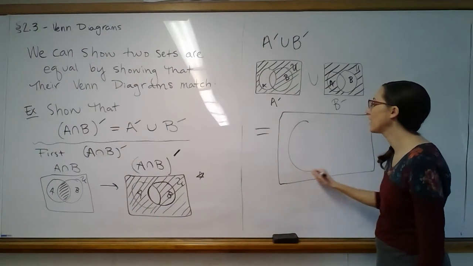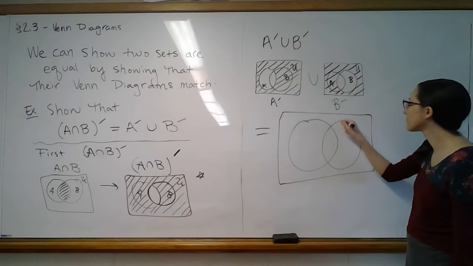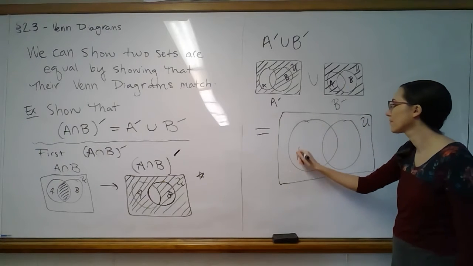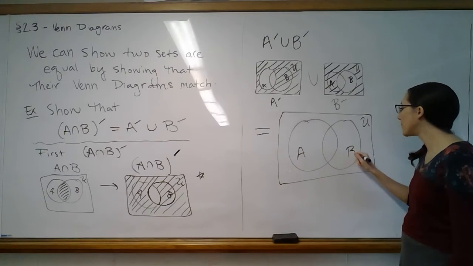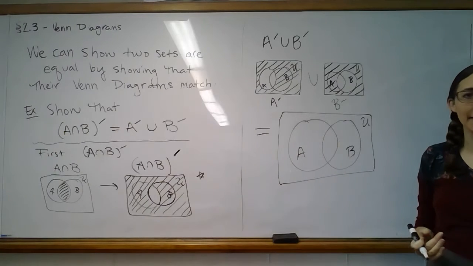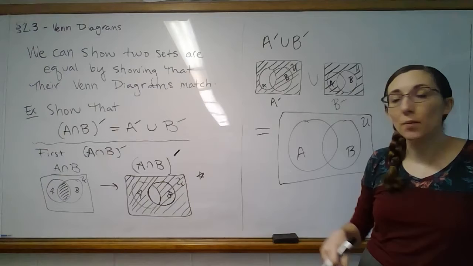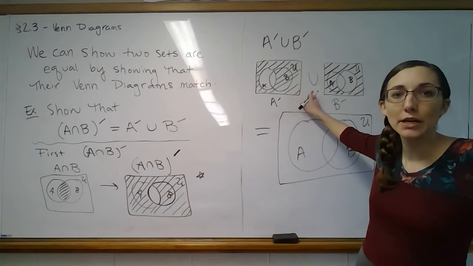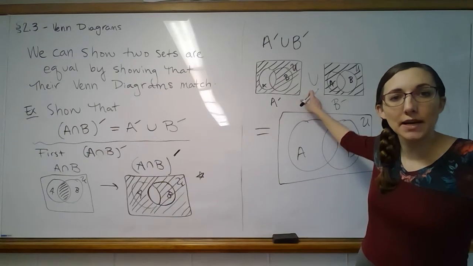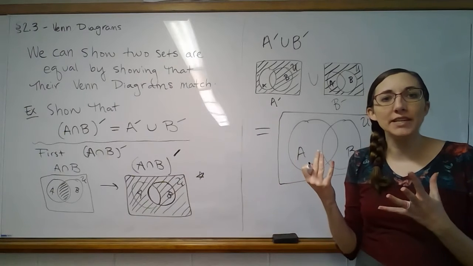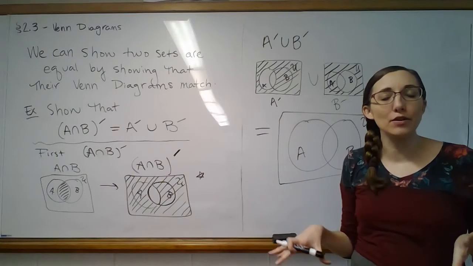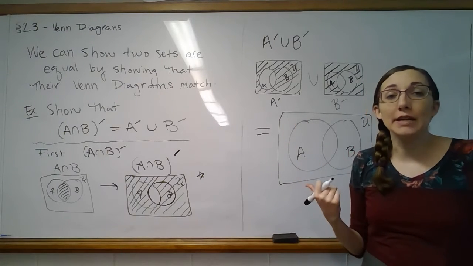And then we need to try and combine those together, and we need to remember how we're combining them. In this particular example, the way we're combining them is with a union. Now remember, a union says join the two together. Anything that's in either of them will be shaded here.